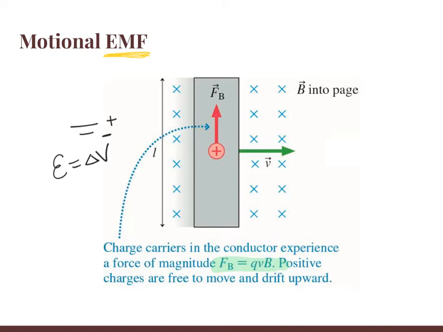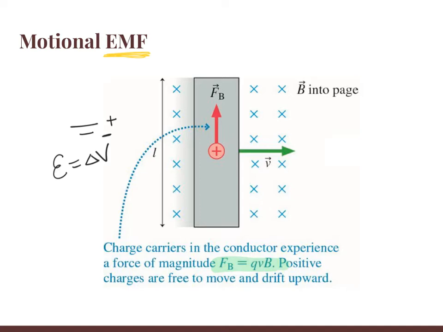So take a second here, look at this one positive charge inside this conductor, and convince yourself that the force shown in the diagram is true. Using your right-hand rule, velocity, your pointer finger, is to the right. The B field is going into the page, so that's the rest of your fingers. B field goes into the page, and force goes up.